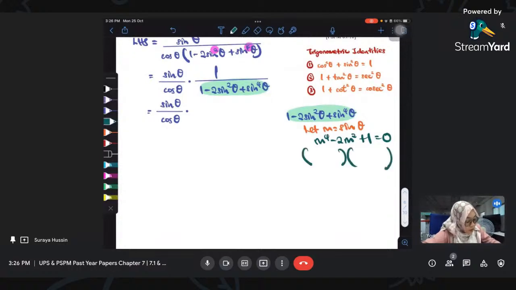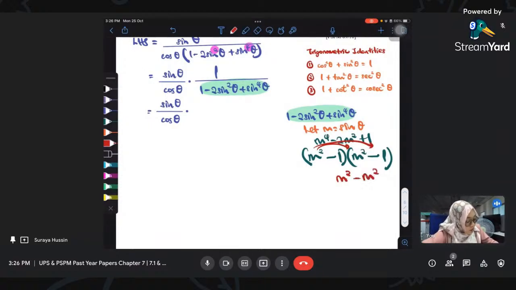Okay, tak nak letak equal to 0 pun tak apa, boleh delete. Okay, now you want to factorize it. So m squared times m squared is m to the power 4. 1 times 1 is 1. Okay, so minus, negative, because, how do I know it? Because when I expand it, I will get m squared minus m squared over here.